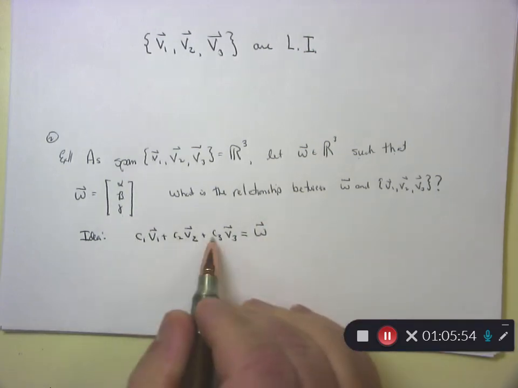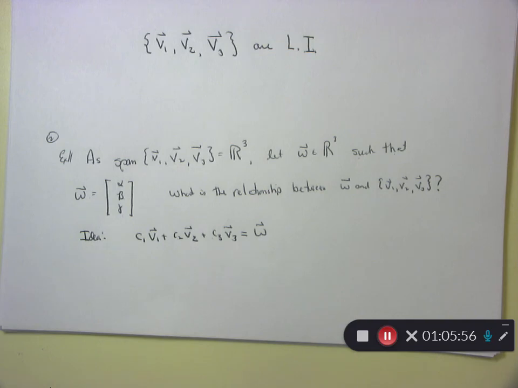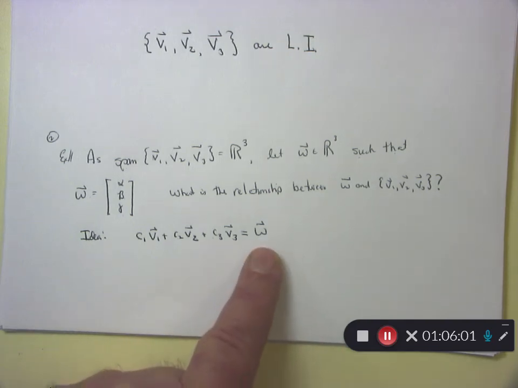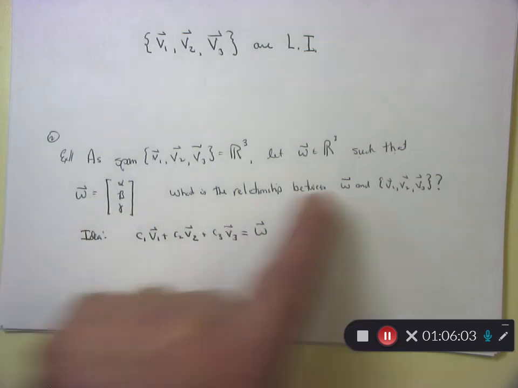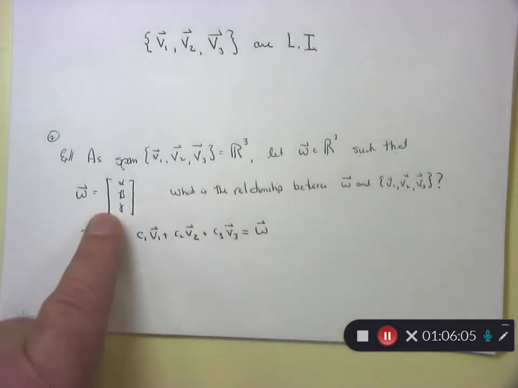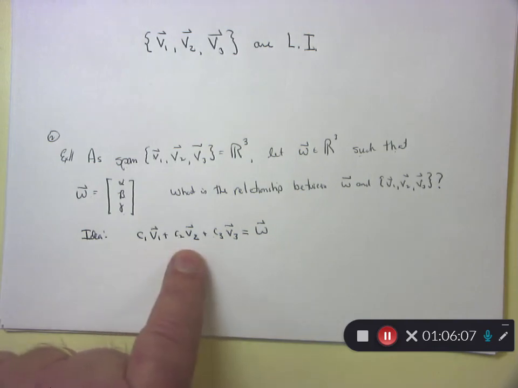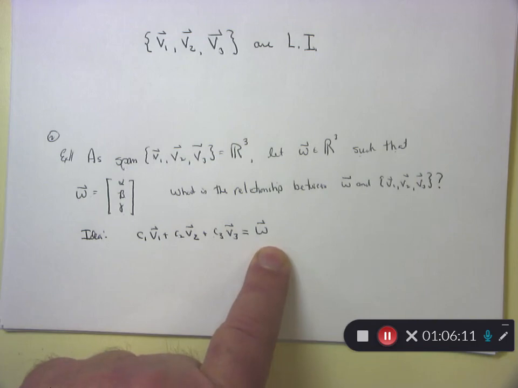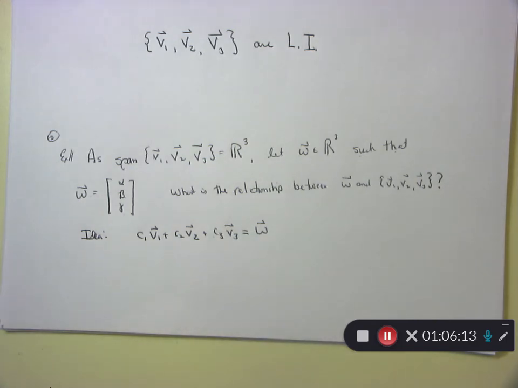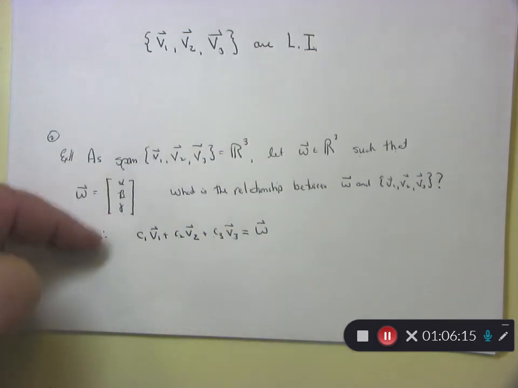And I should be able to solve for these constants, C1, C2, and C3, so I can actually get W, right? Because W is very arbitrary in R3. So if I can find these C1, C2, C3 that let me get W out of it, I can get any vector in R3. That's my point, because this is arbitrary.